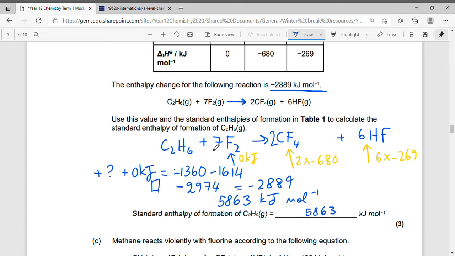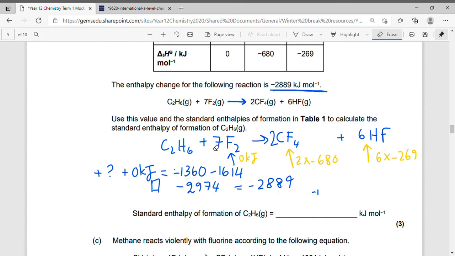Something is wrong. 889 plus 2974 is 85. I'm just going to go with 85.